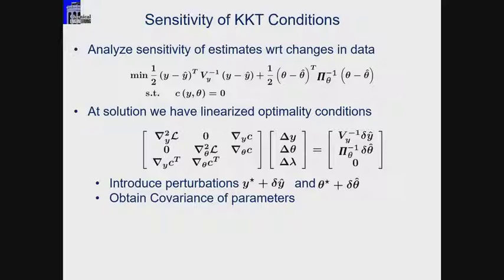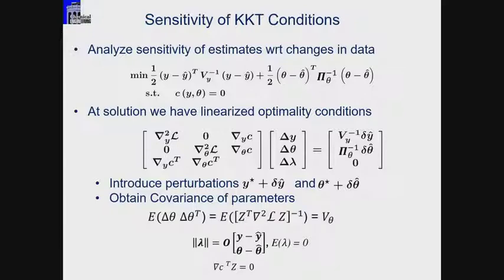And now let's take a look at what happens if I introduce perturbations in the data. If I introduce those perturbations, then I can calculate delta theta as a function of the perturbations in the data, and that way I can obtain the covariance.